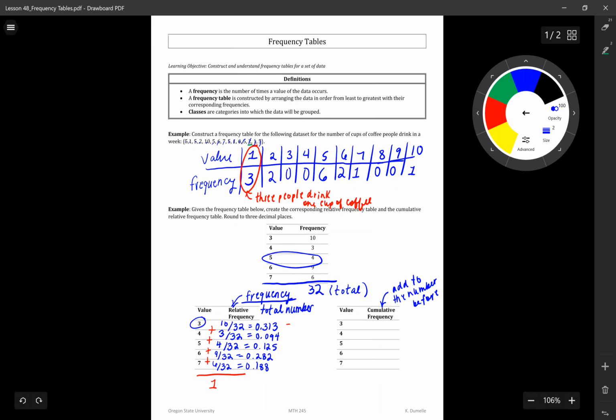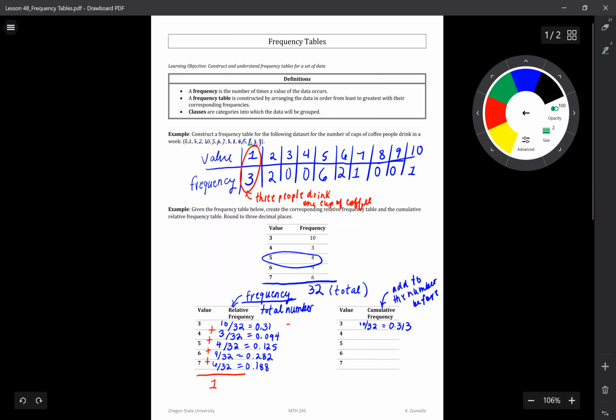So for 3, my relative frequency was 10 over 32, which was 0.313. But for the value 4, what I'm going to do is take the relative frequency for 3 and add it to the relative frequency for 4.